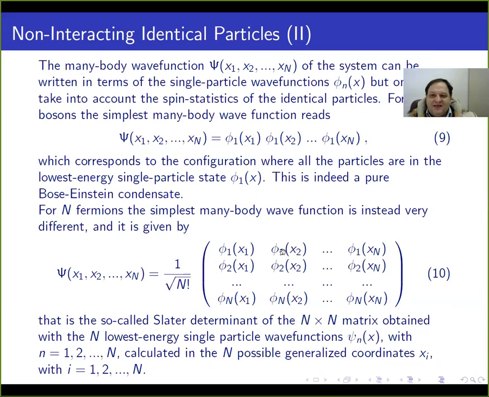And that's why it's the natural way to write a many-body wave function, because the determinant has the crucial property that if you exchange two elements of the matrix, the determinant changes sign. And if two elements are equal, you get 0.